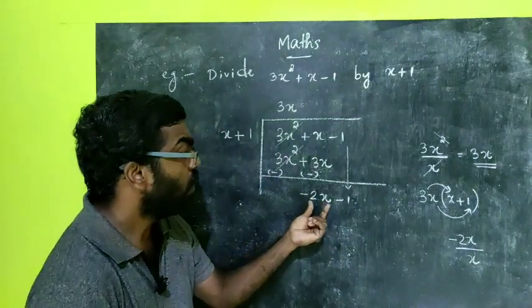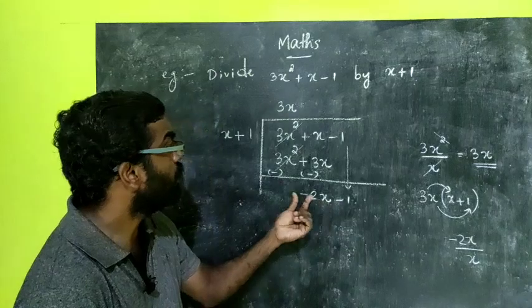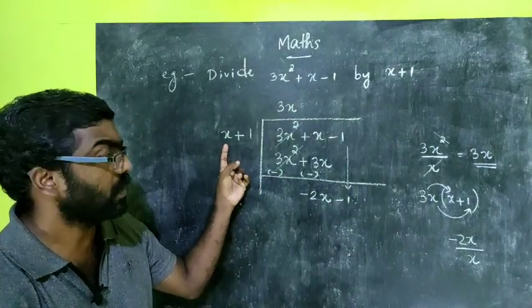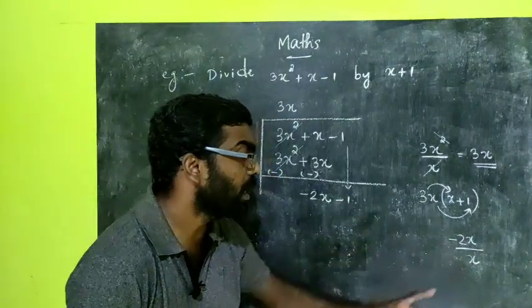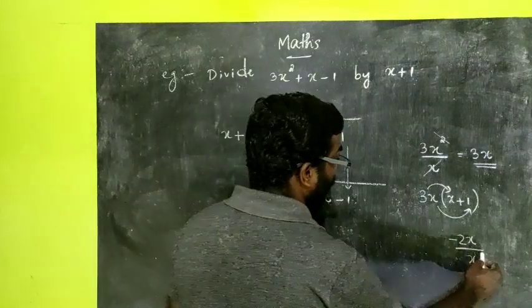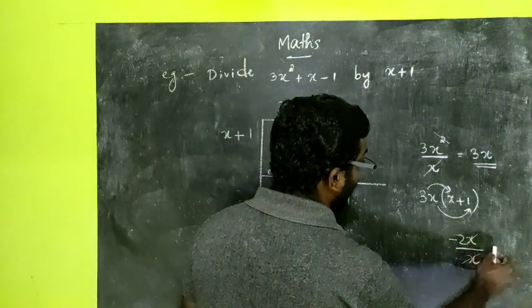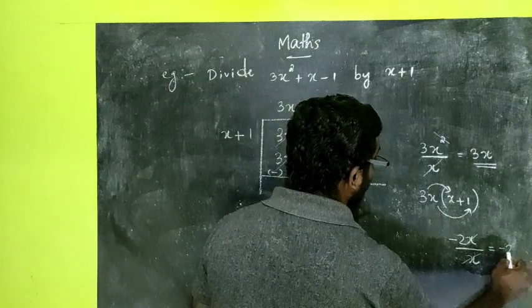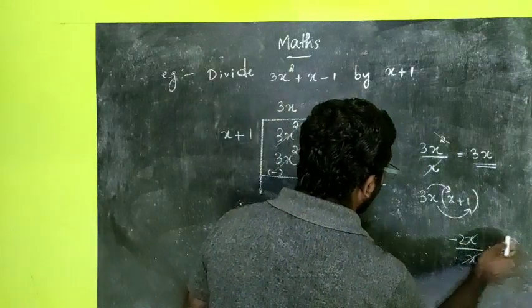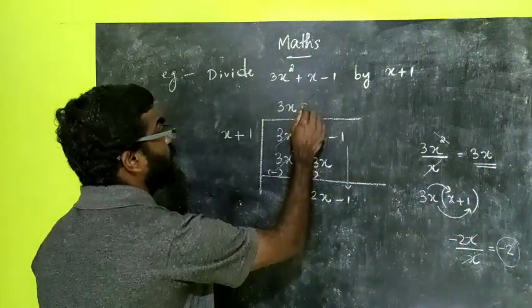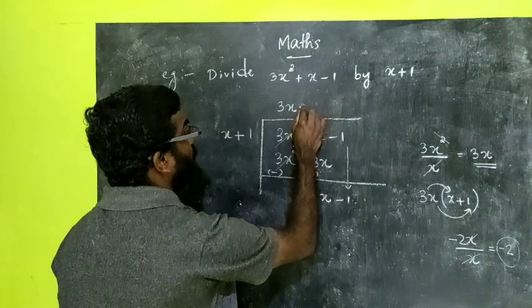So take the first term in the dividend and divide it by the first term in the divisor, that is minus 2x by x. Here we can cancel x and x and what we get? Minus 2. We write this on the top, on the quotient, minus 2.